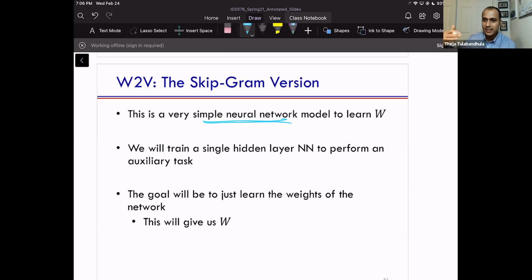It's very similar to the logistic regression we saw several sessions ago, or the one hidden layer neural network that we saw several sessions ago, or in assignment 1. What we'll do is train a single hidden layer neural network, which you should be familiar with because you also did this in assignment 1, and we'll do this auxiliary task, which people call skipgram.